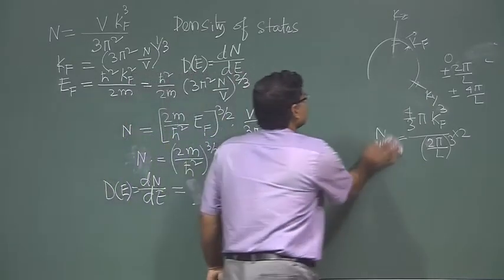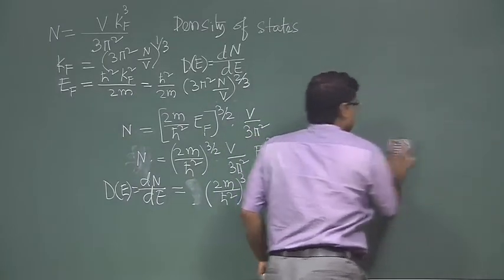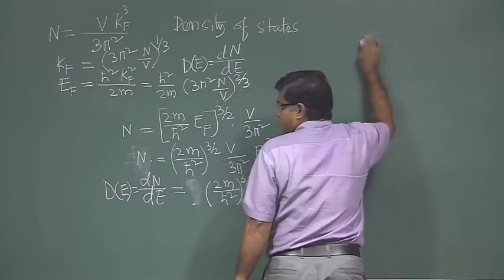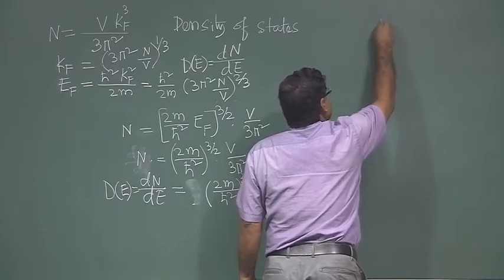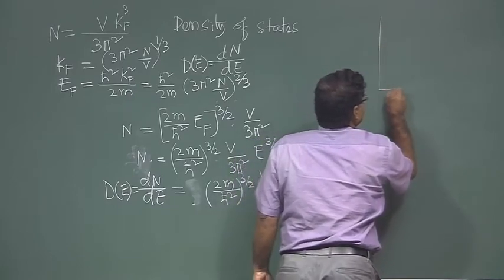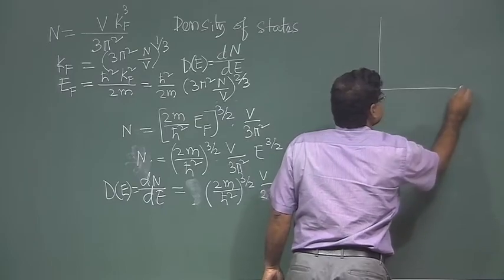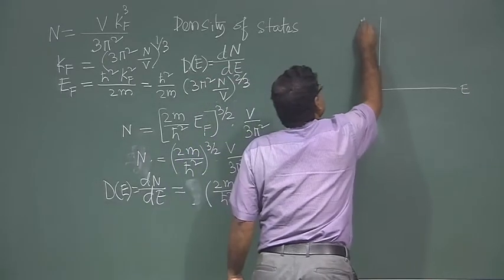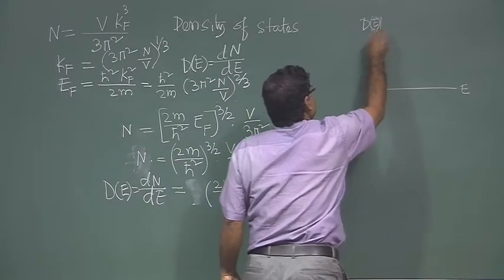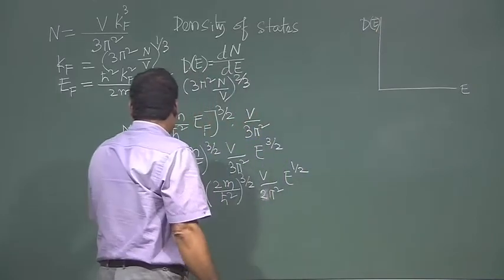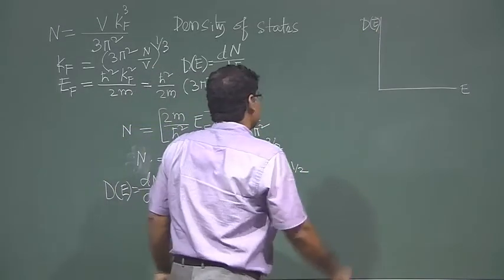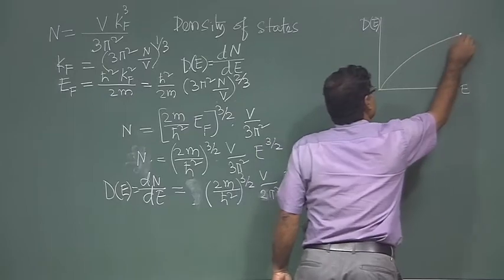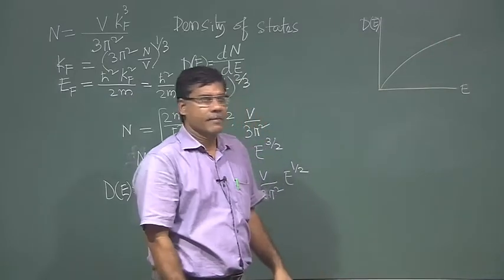So, if I plot, what I will get. So, this if I plot density of states, okay, this is energy, and this is density of states. Okay. So, what you will get? You will get basically a parabola, you will get this type of curve. Okay.